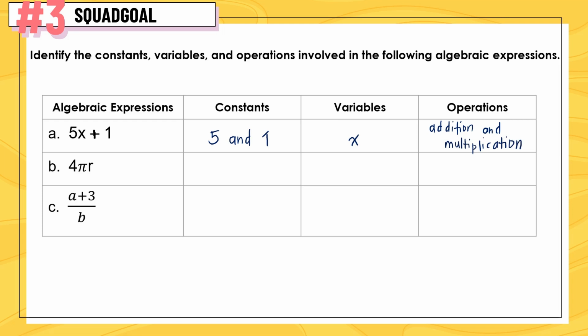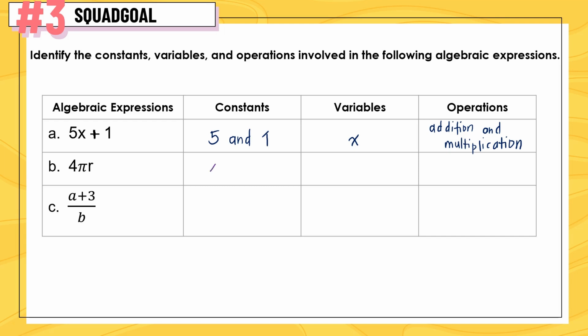Next, let's have letter B. Let's use another color, let's make it violet, the color of this year, 2022. 4 pi r. Okay, you're familiar already with this symbol. This is pi. We got 4 pi r. So, what are the constants here?